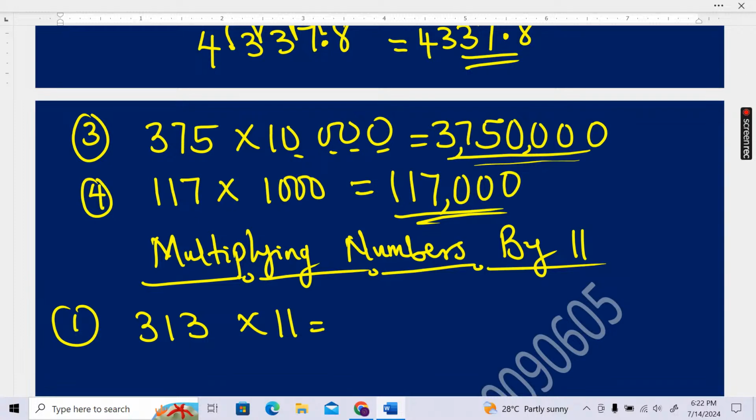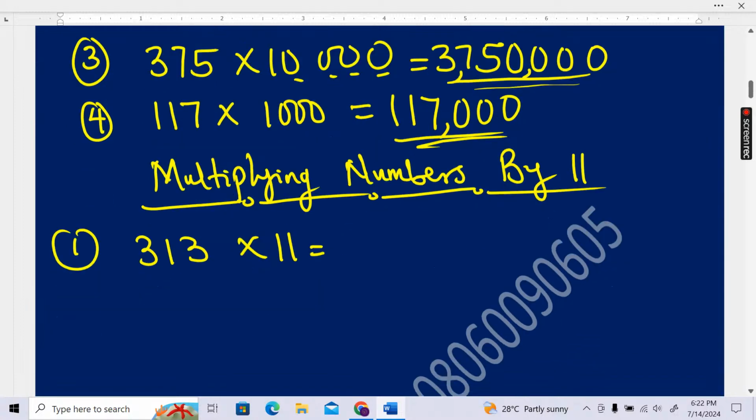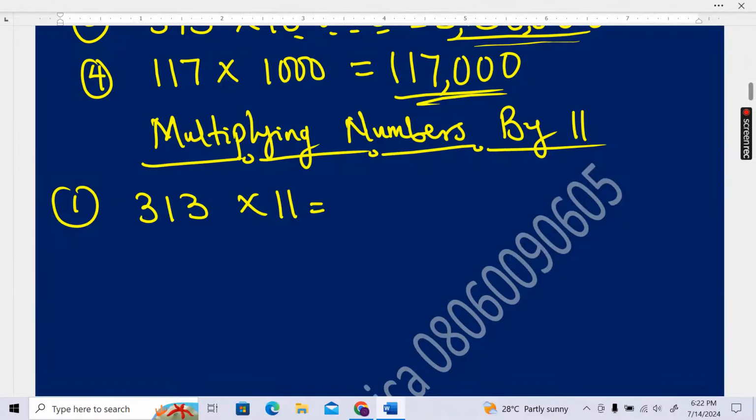All right, multiplying numbers by 11. So what's 313 times 11? I know my students know this. Now, we're going to begin to add up the digits of this number together. But before you do that, write down the first and the last digits, giving a space between.